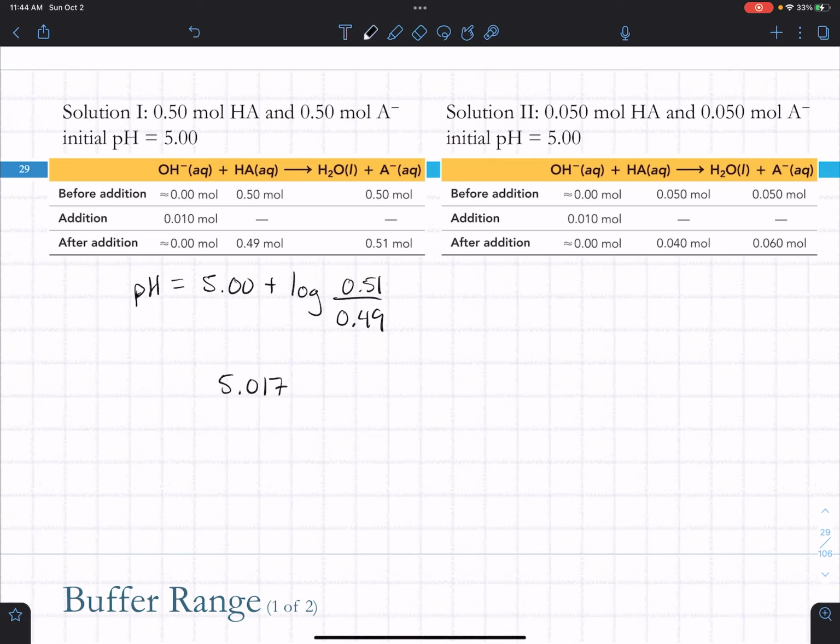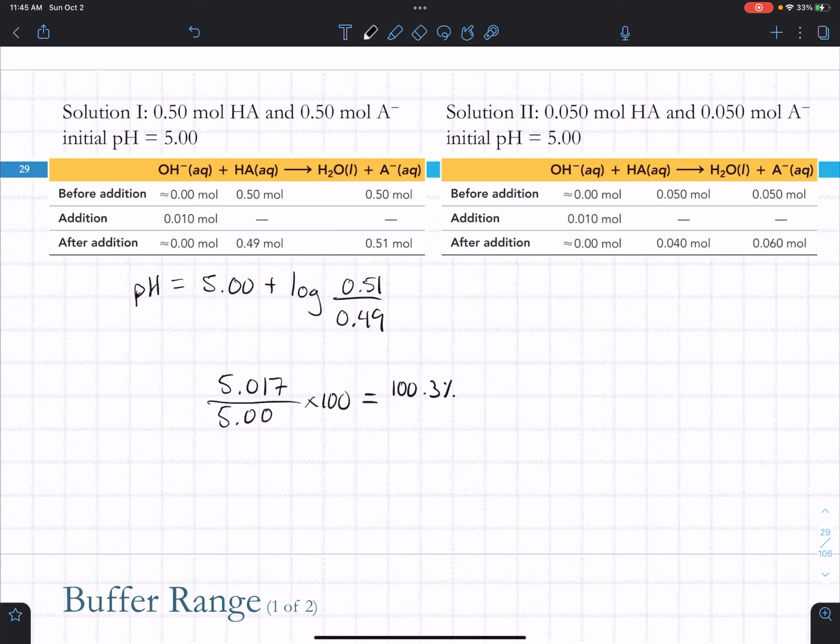So if we divide that by 5, which was our initial pH, and then multiply that by 100, and times 100 here is just to make it a percentage, it's going to be 100.3%. So we only increased our pH by 0.3%.